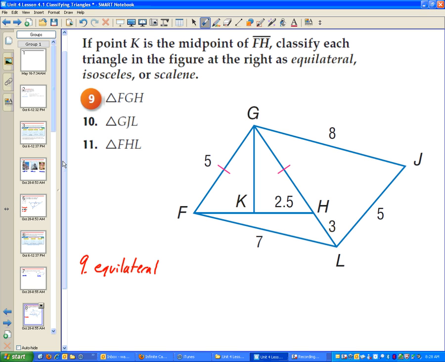All right, number 10, triangle GJL. So G, J, and L are the vertices. Now remember, GH was 5. So do we have any congruent sides here? Yeah, which 2? GJ and GL are both 8, aren't they? So what do we have?